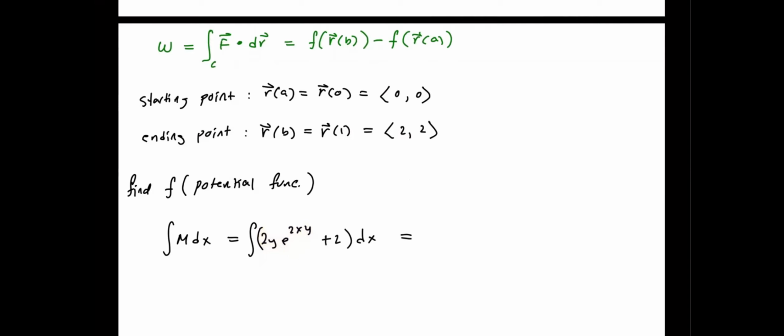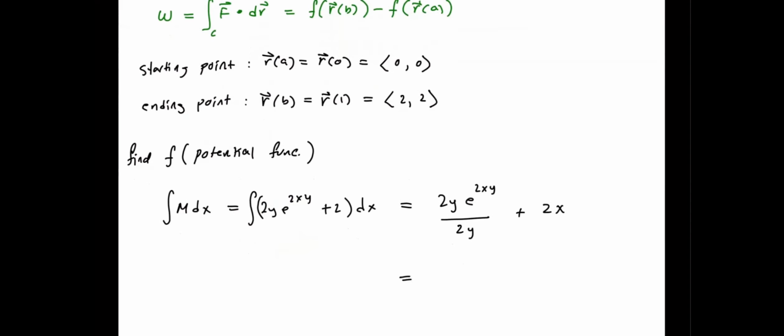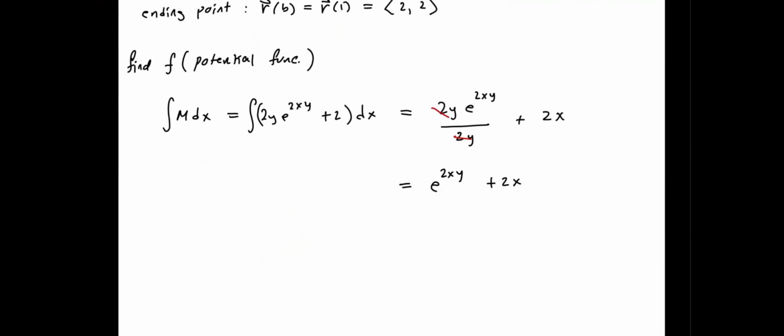The first term: 2y is just a constant, so you have e to the 2xy divided by the constant 2y, plus the integral of 2 with respect to x, which is 2x. If you simplify, these terms cancel out, and you get e to the xy plus 2x. So that's one of the pieces.